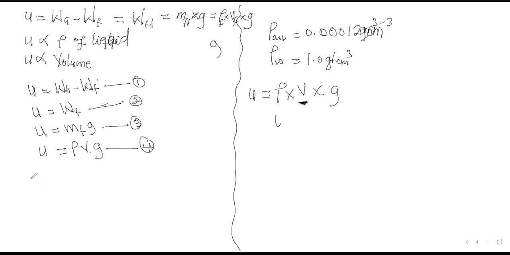Because of this, we can also equate weight in air minus weight in fluid to rho Vg, where rho is the density of the fluid, V is the volume of fluid displaced, then gravity.